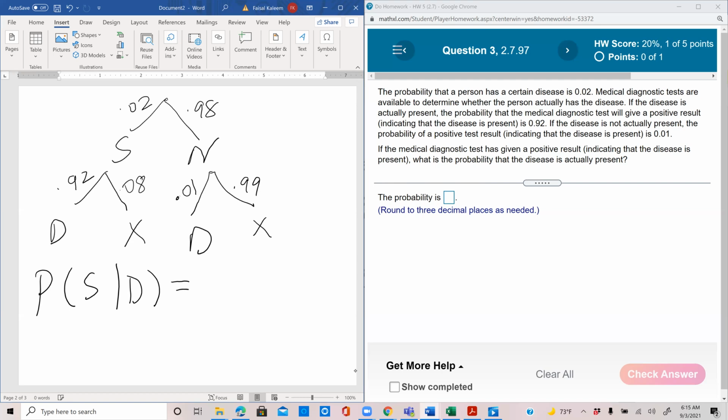According to our conditional probability formula, this would be probability of S and D divided by probability of D. For sick and diagnosed, you look at this branch, so that's 0.02 times 0.92.